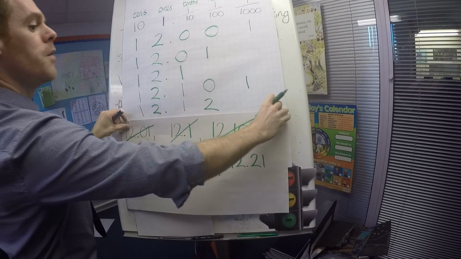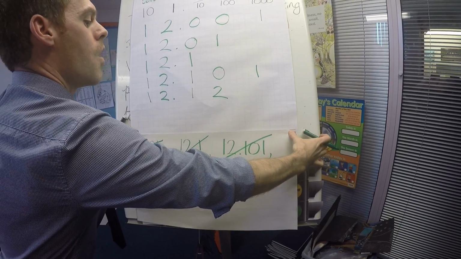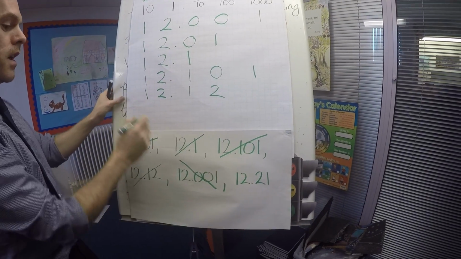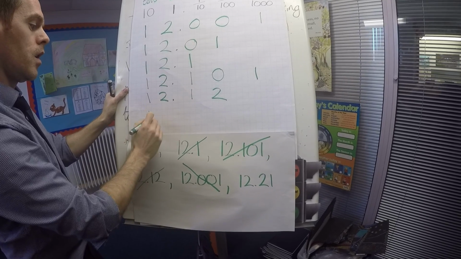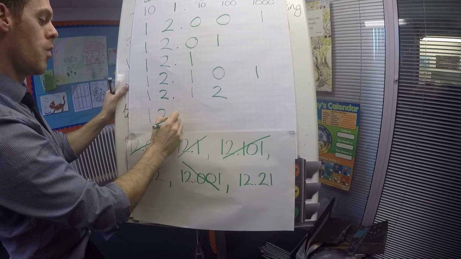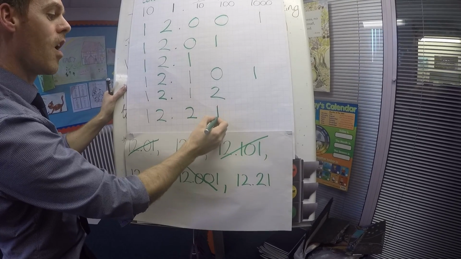Cancel that one out, which means, just going to move this down a little bit, that my largest number has to be 12.21. 2 ones, 2 tenths, and 1 hundredth.